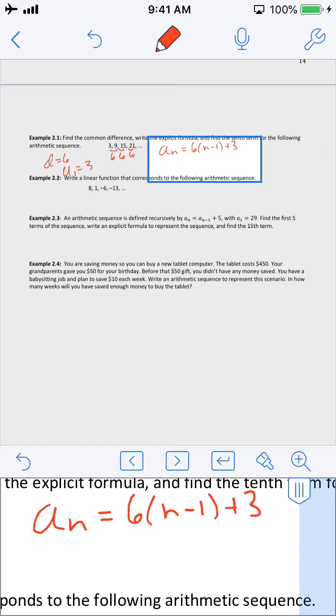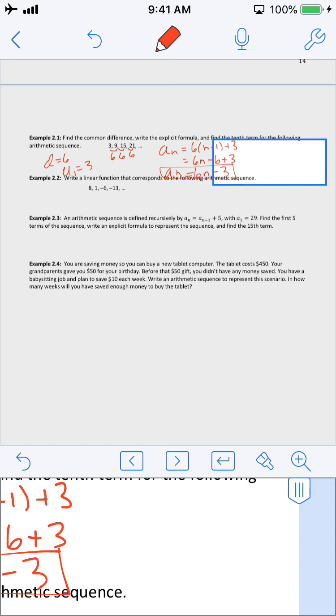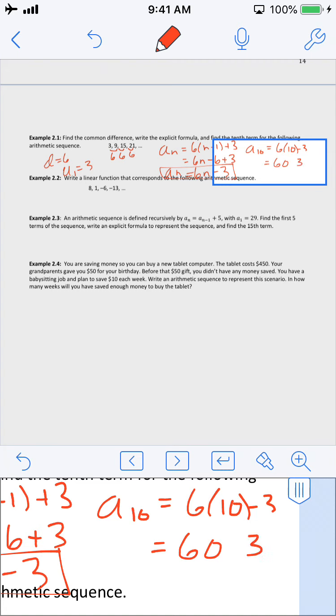That's kind of ugly though, so let's clean that up a bit. 6n minus 6 plus 3, or 6n minus 3. Okay, and now we're going to use it to find the 10th term. So A10 would be 6 times 10 minus 3. 60 minus 3 is 57. Follow your PEMDAS, people. Make sure you follow your PEMDAS.